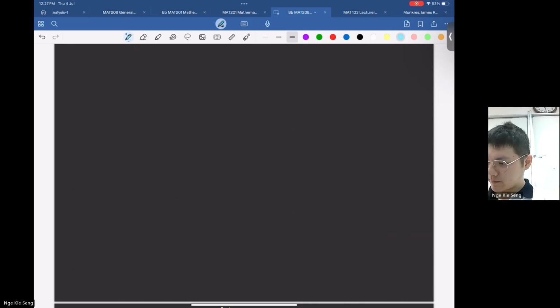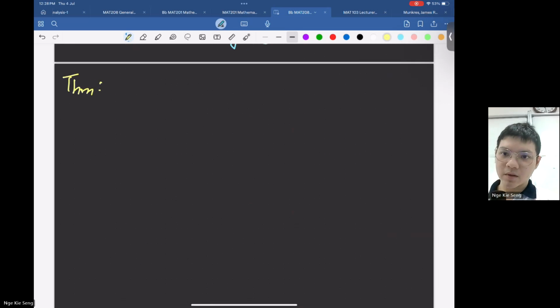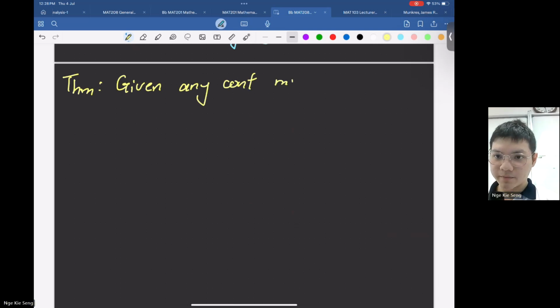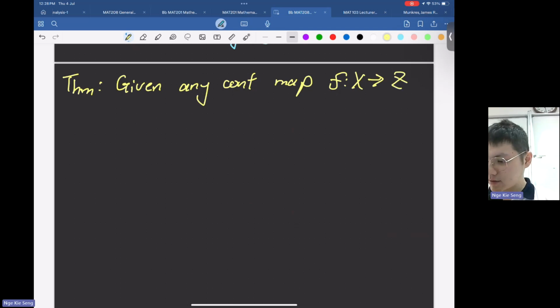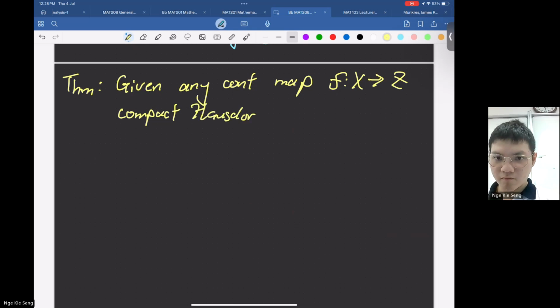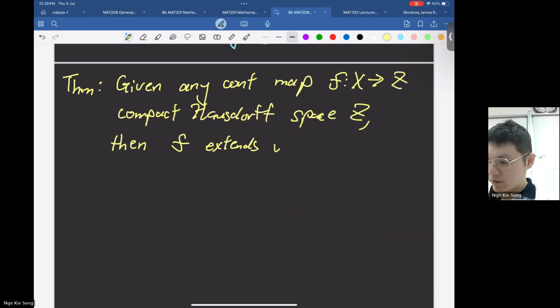Theorem: given any continuous map f from X to, let's say, any compact Hausdorff space, then this f extends uniquely to a continuous map g.